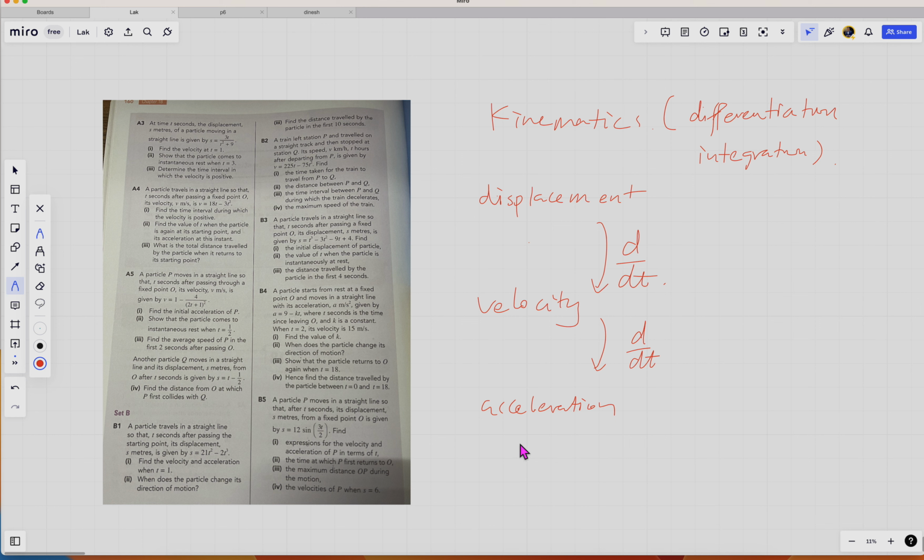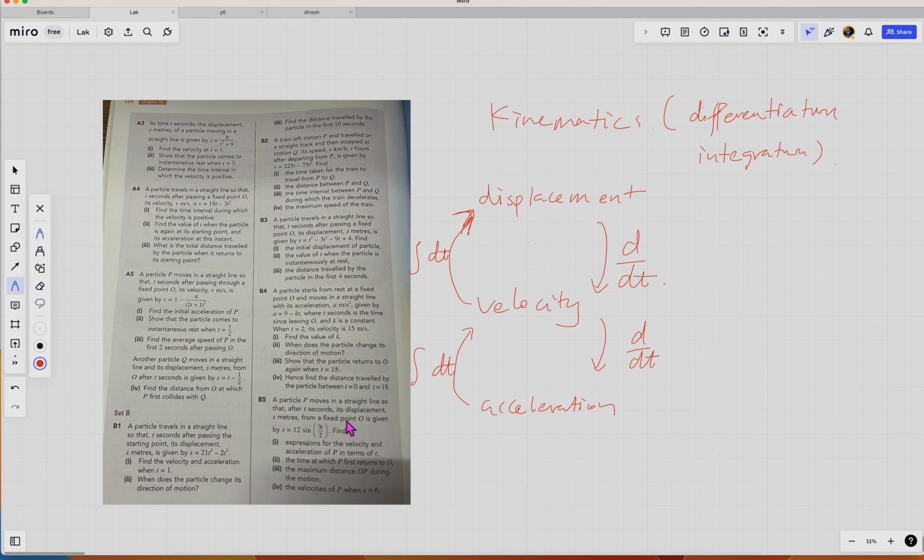Therefore, differentiation is the opposite of integration. So if you go up, you integrate with respect to dt: you integrate acceleration, you will get velocity. You integrate velocity, you will get displacement. So with this, that's it already.